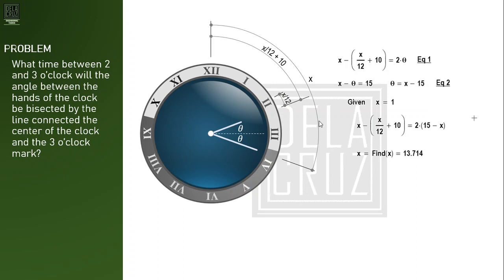X minus 15. Transpose theta, then transpose yung ating 15 to the right, then to the left, it will become x minus 15. So, nagkabaliktad ito. Sorry for that. X minus 15. Ayan. And, ito yung sagot natin. 18.462 minutes.